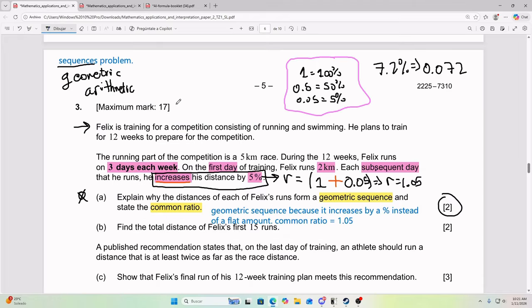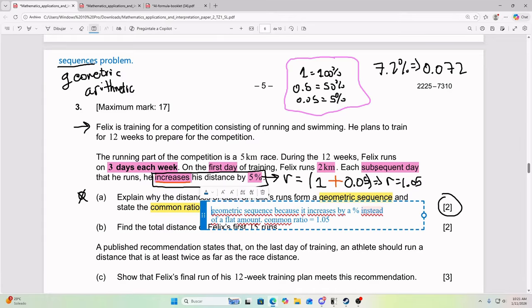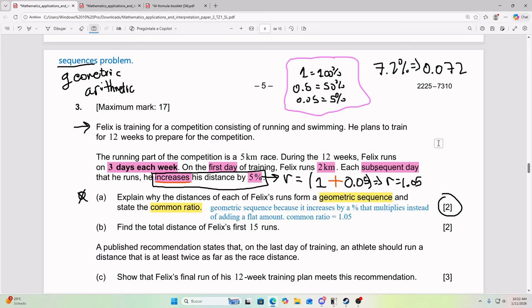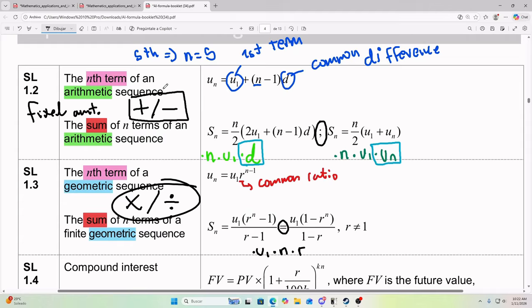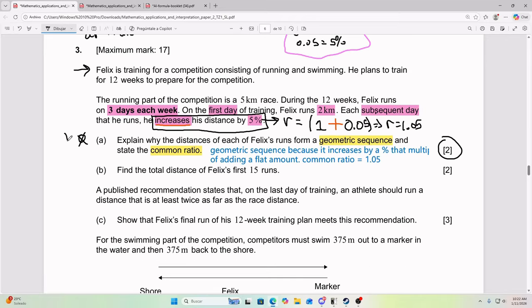What I should have said is something like geometric sequence because it increases by a percent that multiplies instead of adding a flat amount. There I'm showing that multiplying is for geometric while adding is for arithmetic. The key idea is that arithmetic is plus or minus, geometric is multiply or divide. That would be for part A.